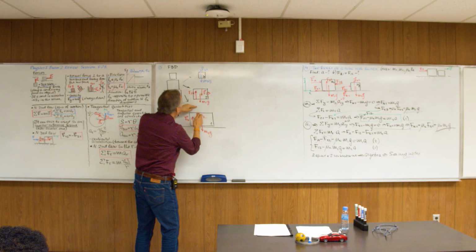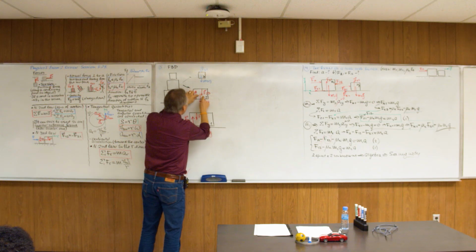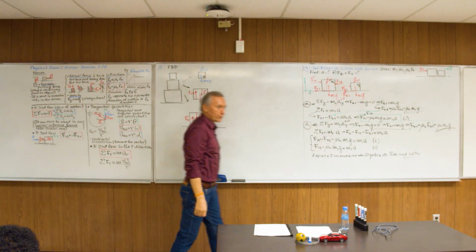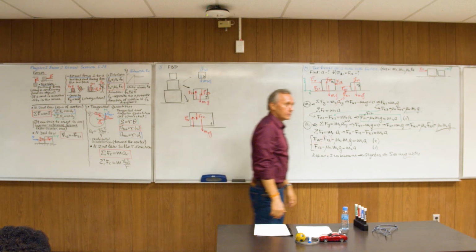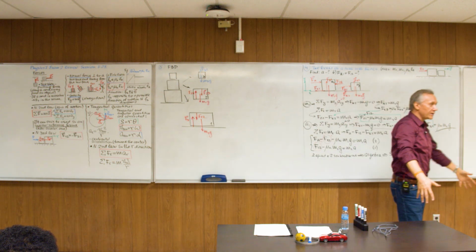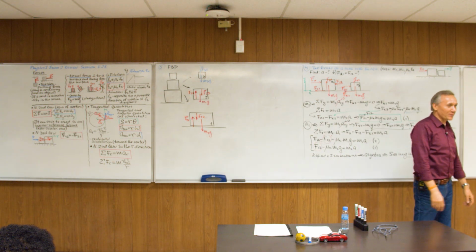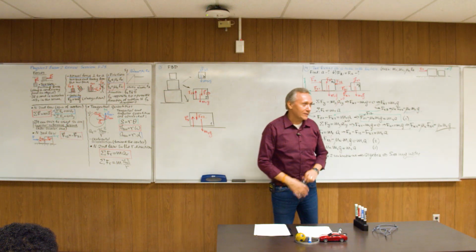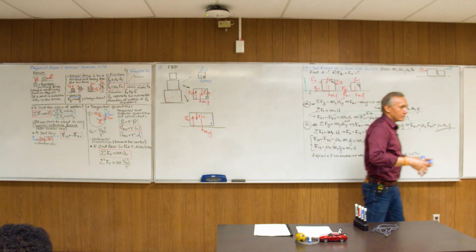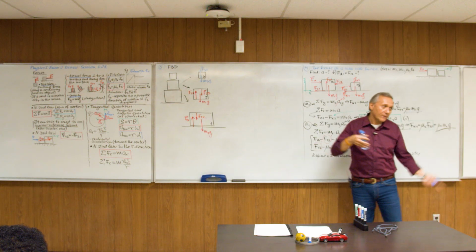But here these forces need to manage this box plus that box, so these forces are going to be larger. It's a pyramid, so people standing underneath experience the weight of all those guys, and they experience a much larger force.